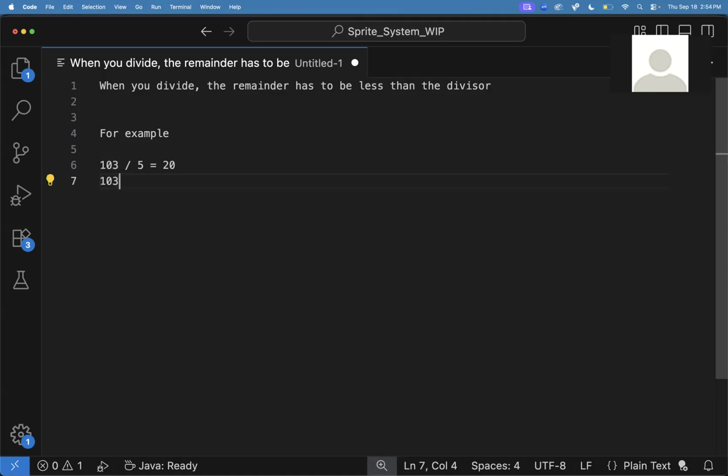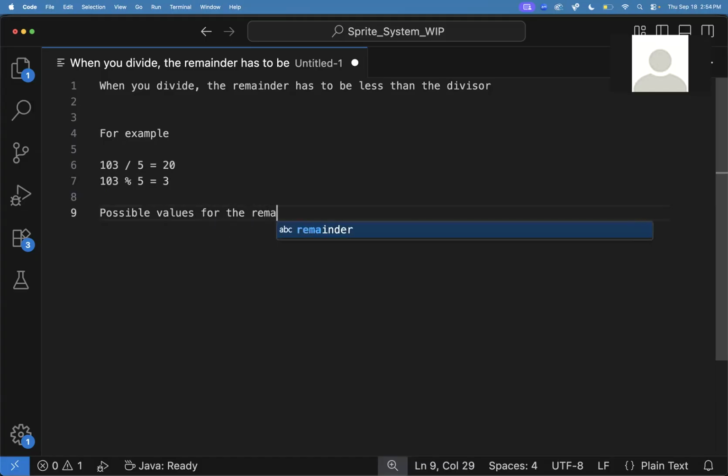And the remainder would be 3. But the point is that possible values for the remainder are 0, 1, 2, 3, and 4. You can't have a remainder of 5 when you're dividing by 5.